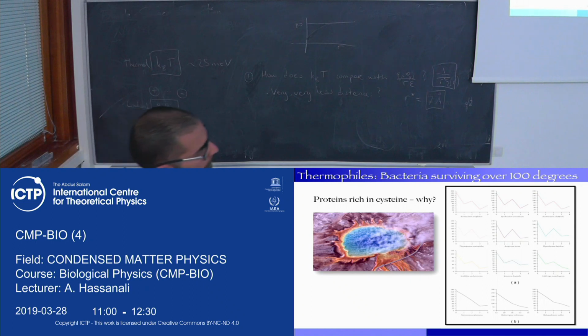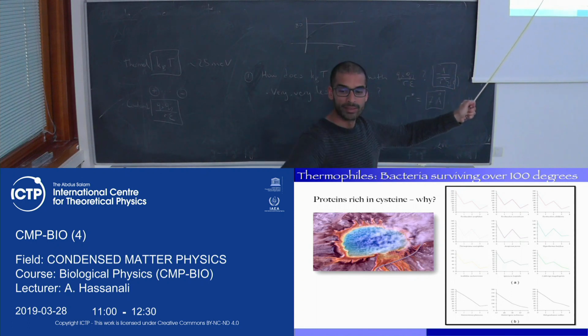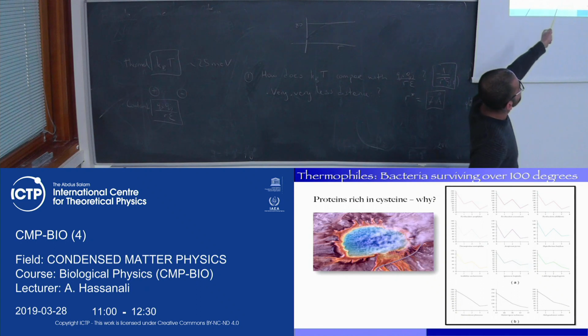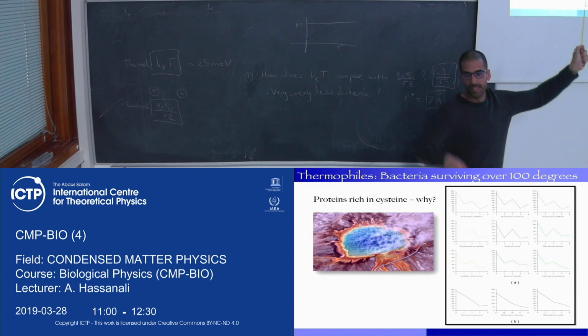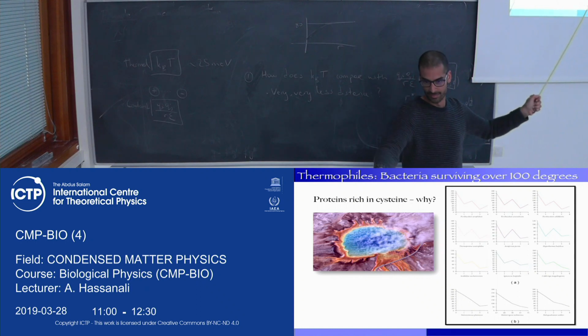And the y-axis was the count of the number of proteins with that number of cysteine residues. So for example, 0 here means there are 180 proteins in the bacteria that survive in those conditions that have 0 cysteine residues.